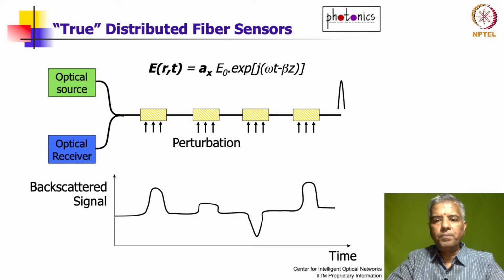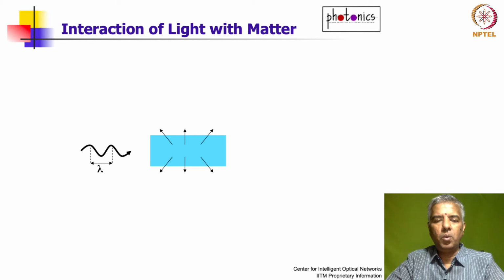Okay, so let us look at how to make an instrument that can capture this backscattered signal precisely. And one aspect of light that helps in this process is the fact that when light goes through any medium, let's say a reasonably transparent medium, several things can happen.